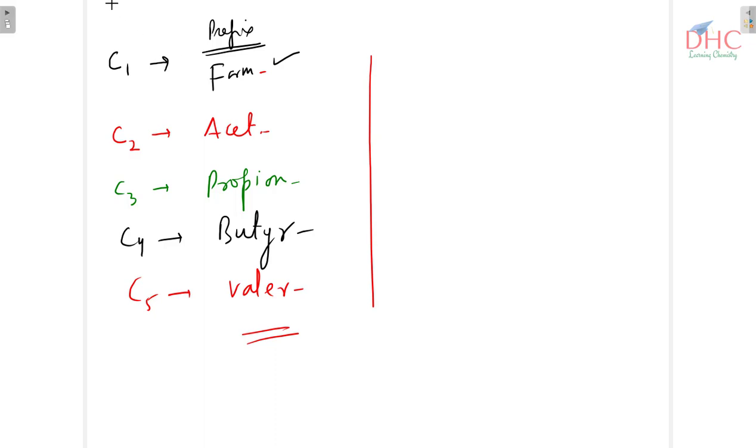Now if you have 3 carbons and 1 double bond, so there is 1 double bond and 3 carbon atoms, then you have the word acryl. You have the prefix that's acryl. So acryl is the prefix which you will use once there are 3 carbon atoms in a molecule and a double bond.